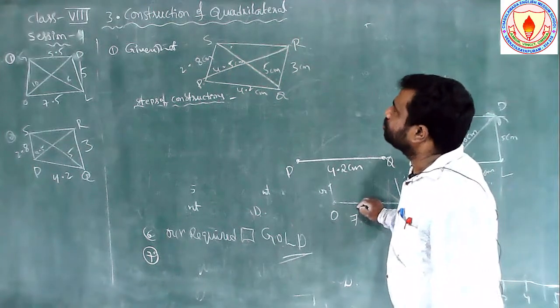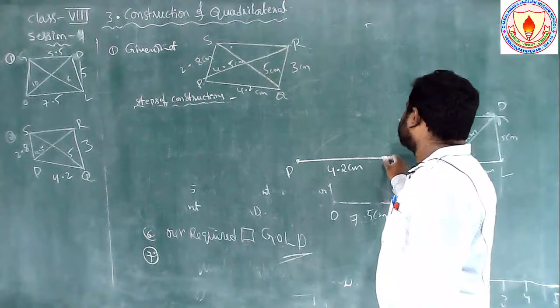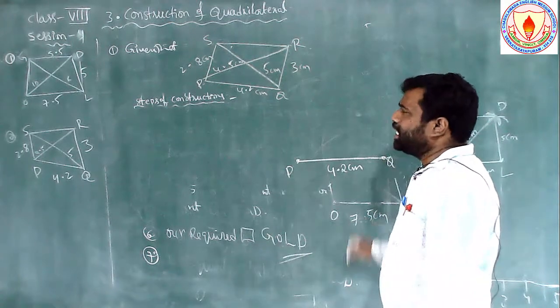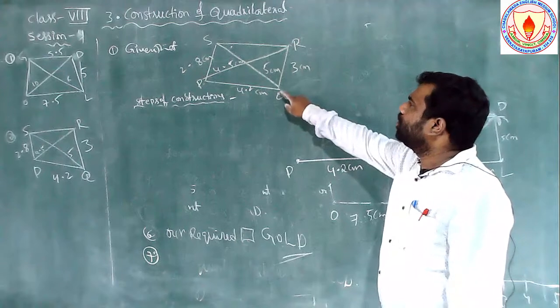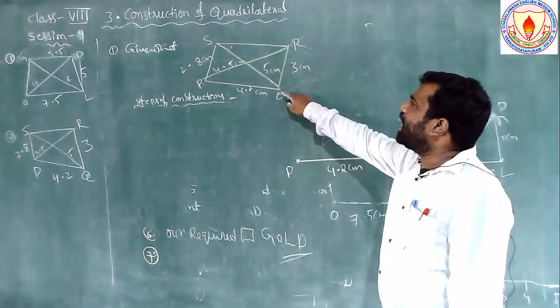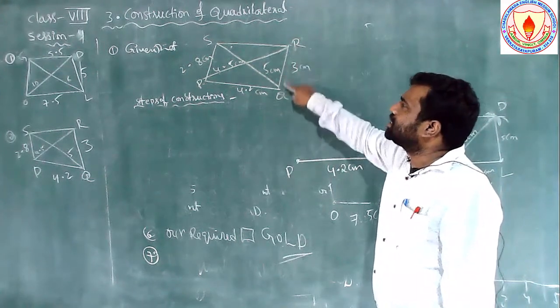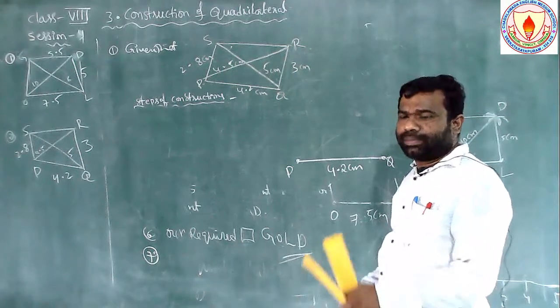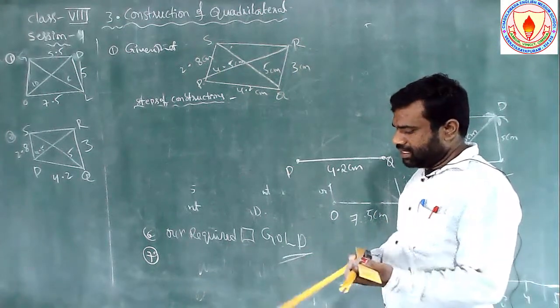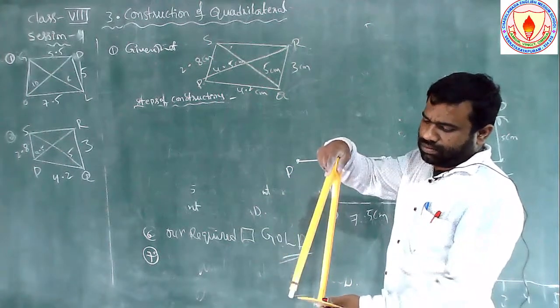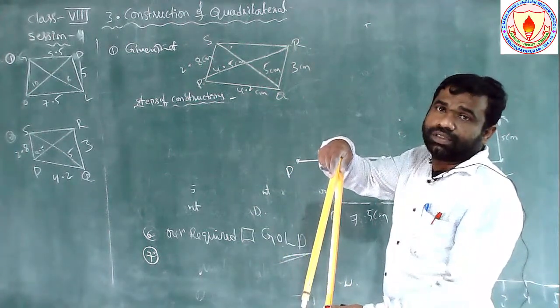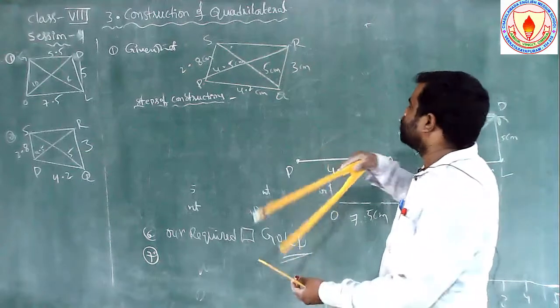After that, from Q, draw an arc with 3 centimeters. On the scale take 0 to 3.